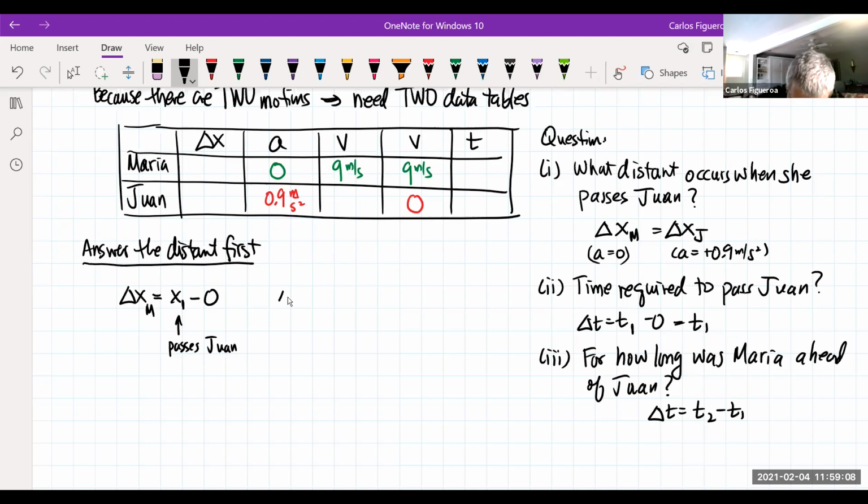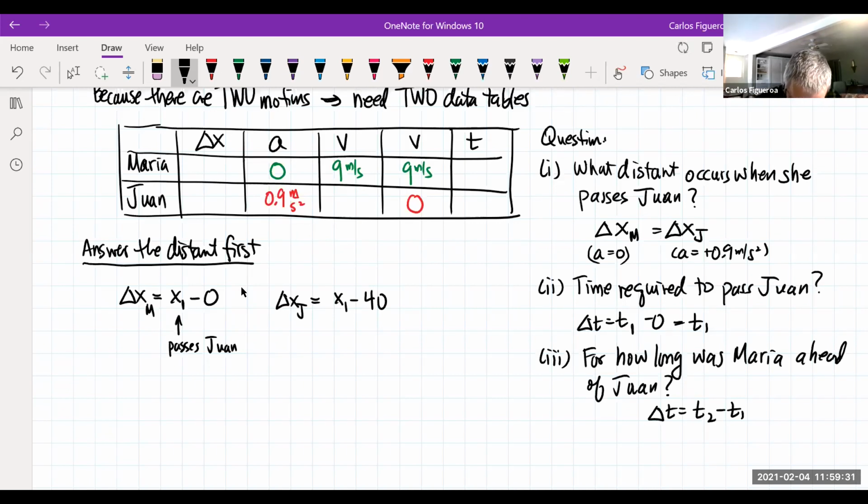And when I look at the displacement for Juan, well, he starts off 40 meters ahead. But if he starts 40 meters ahead, his displacement should then be x1 minus 40, right? They have different locations here.